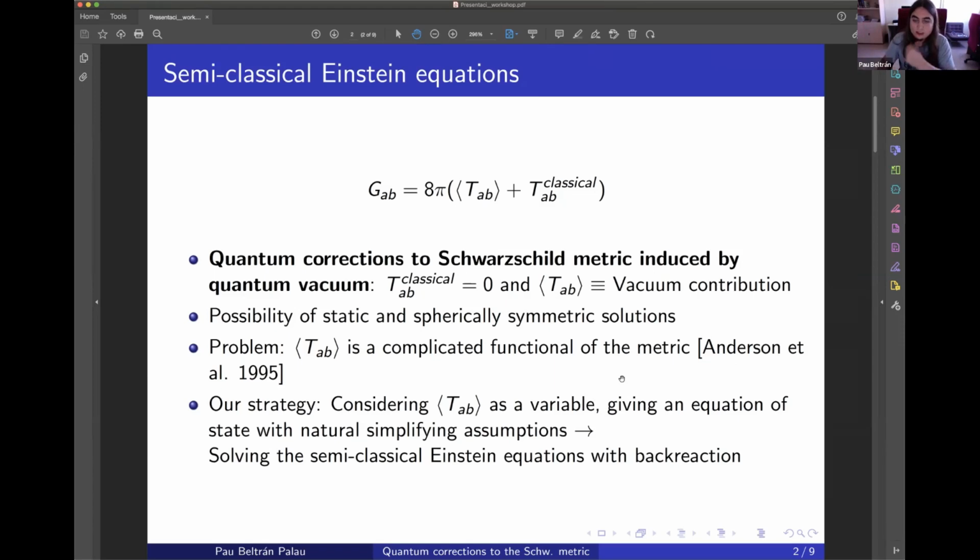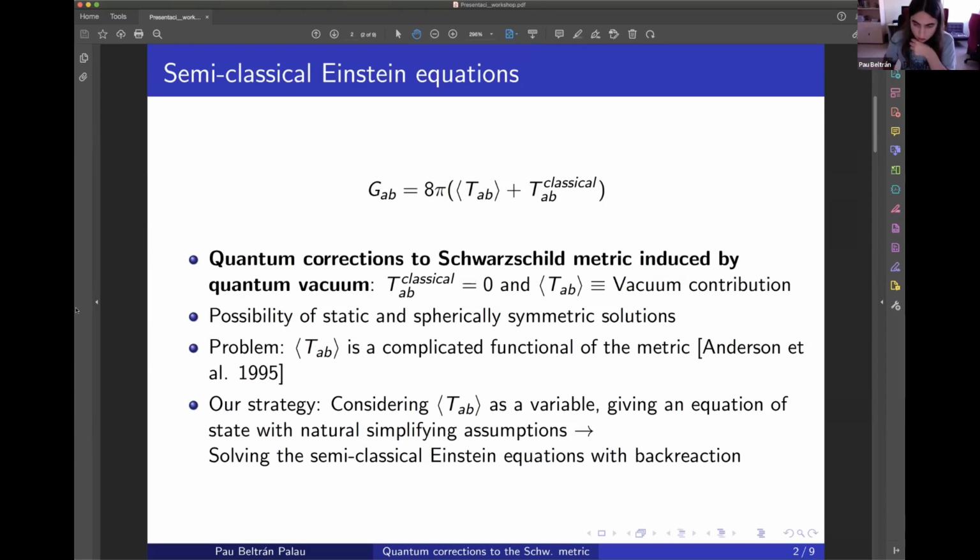So what we will do is give an equation of state for a particular case that will simplify the system, and these simplifying assumptions will be motivated as we will see later. So then what we will do is solve these semiclassical equations, and there will be equations of back reaction because we are considering the stress energy tensor as a variable.